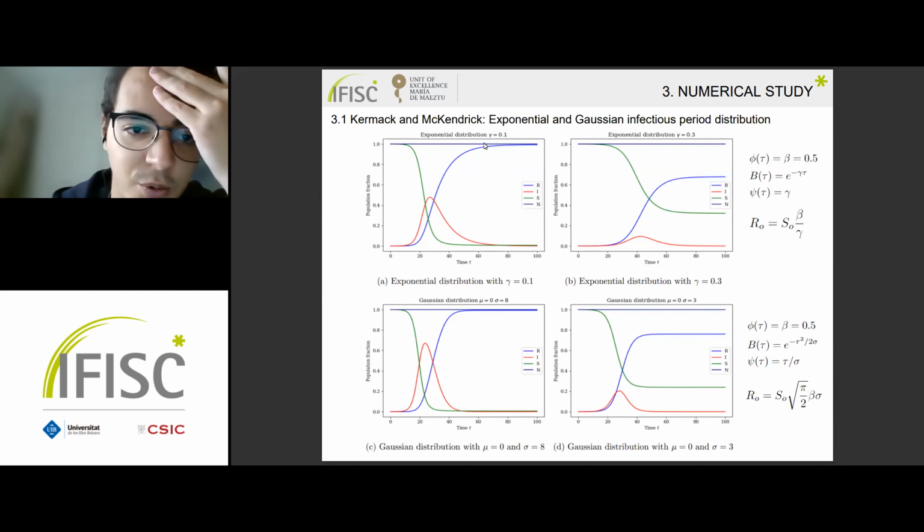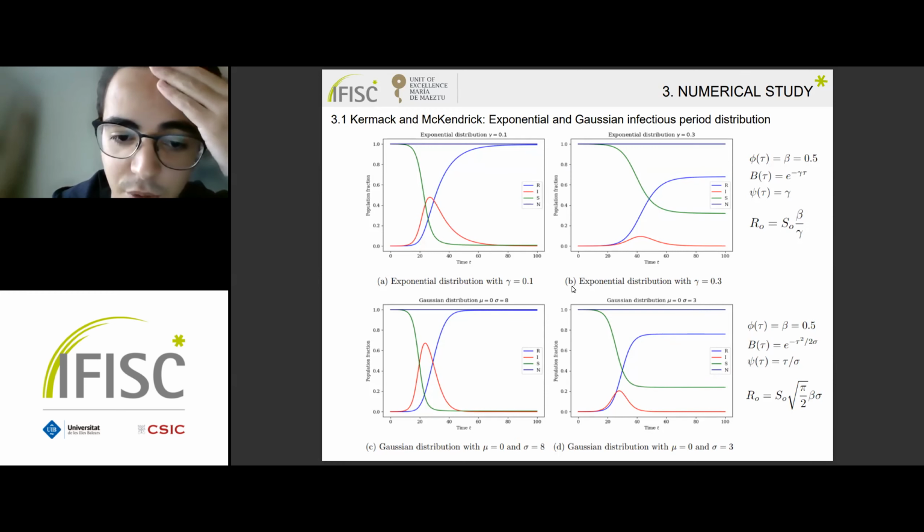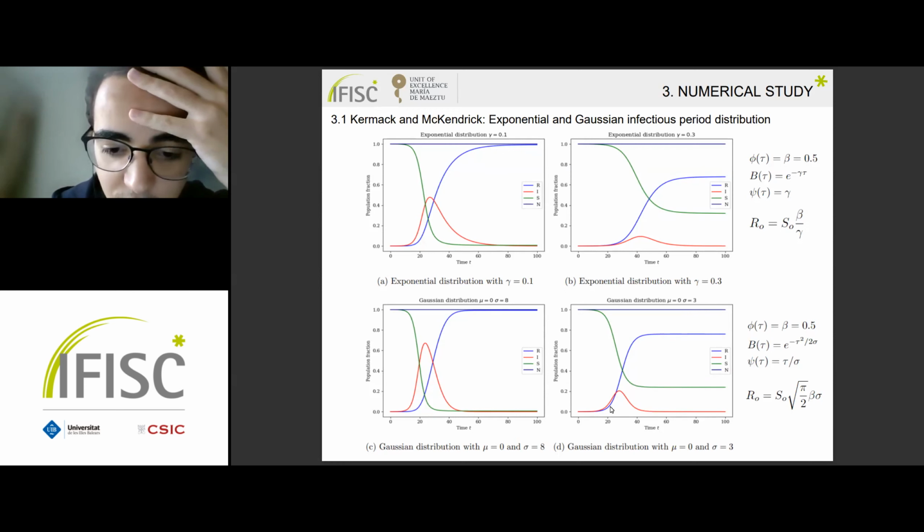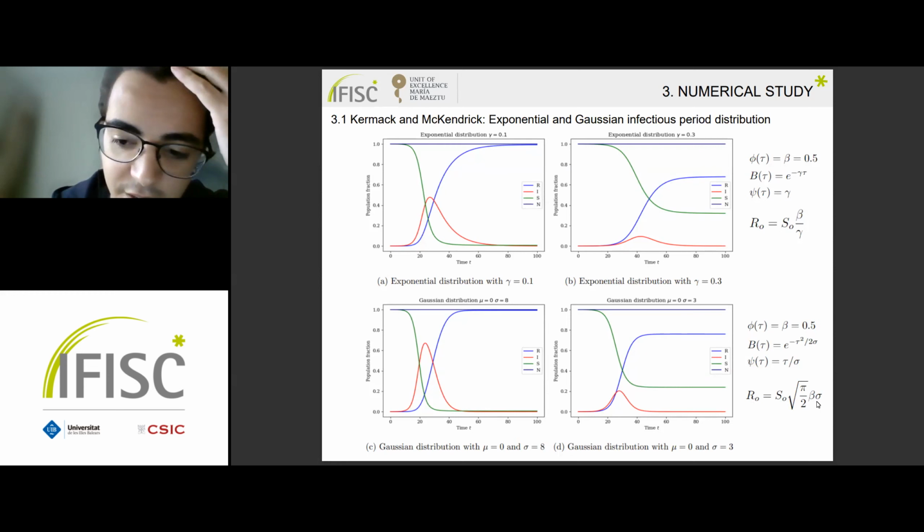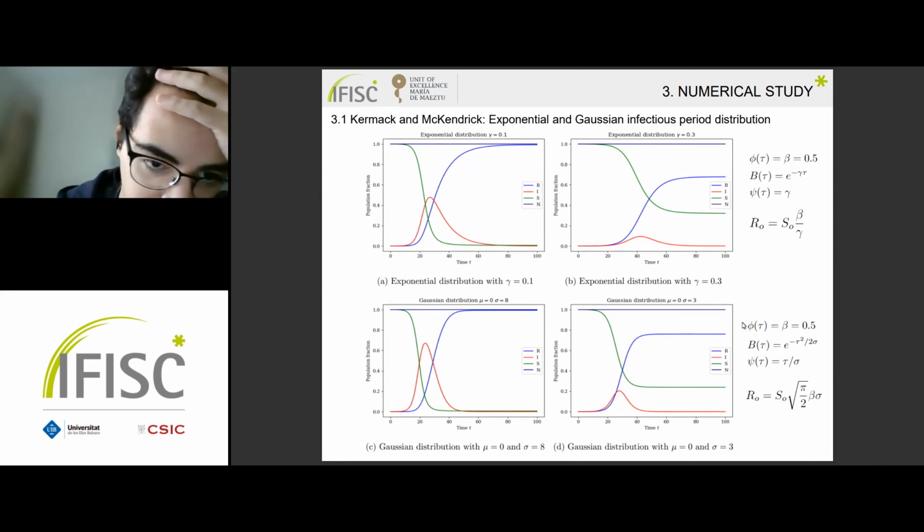So what do we see here? We see that if we increase gamma, we have a lower infection peak. That's because if you increase gamma, you have a smaller reproduction number. And here, what we observe is that if you lower the value of sigma, which is the width of this probability distribution, you get smaller infection peak times as well, because at the end of the day we are lowering the reproduction number if we reduce sigma.